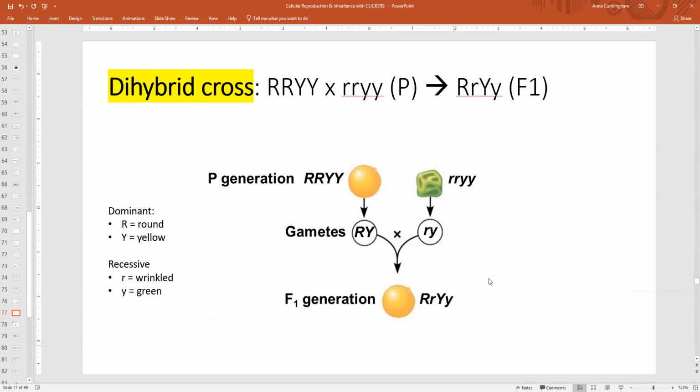Right. So we have a question. Is the P generation always a cross between two homozygous genotypes? No. Good question. The P and the F1 generation that we're talking about in these slides are based on Mendel's experiments.